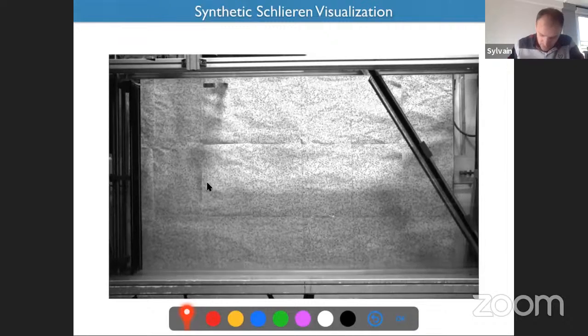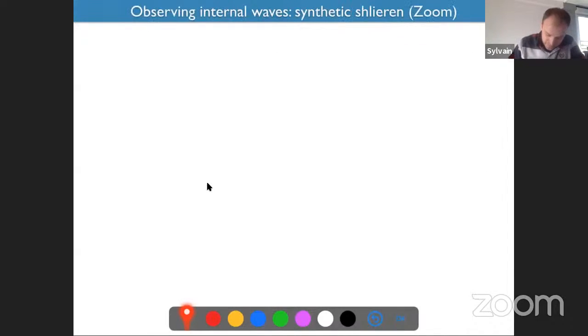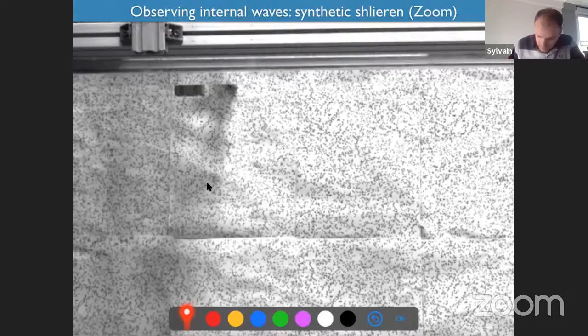I will just zoom at one particular point, and when the wave is propagating, you can see that there are some variation here of the position of the points. And it's what we will look at with synthetic shearing. And this motion of the points are due to the variation of index of refraction. So I will do this.